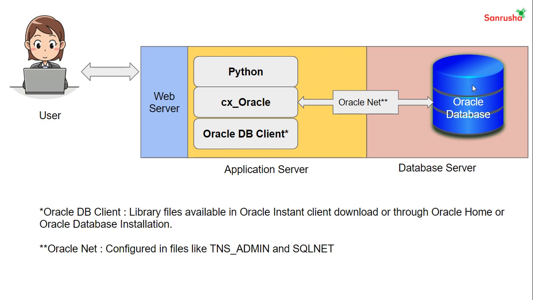And you can assume that most of the time this Oracle database is a separate server. If you have difficulty understanding what a server is, you can think of it as a different physical box. So it's a different machine altogether on which Oracle database is installed. And more often than not, the application server is installed on a different machine.